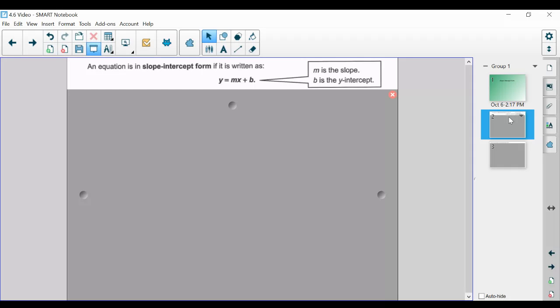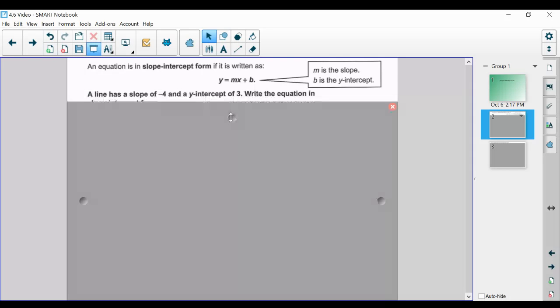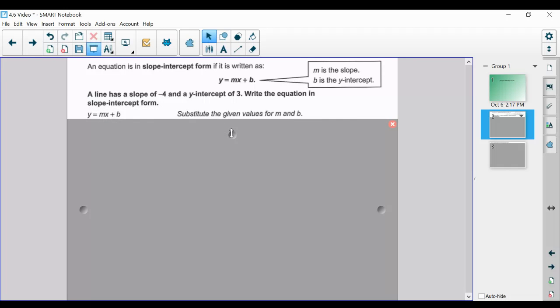So if we look down your guided notes, there are a couple different examples in there that I want to go over. So it says a line has a slope of -4 and a y-intercept of 3. We want to write the equation in slope-intercept form. Well, all we're going to do is substitute in those given values. We know that slope-intercept form is y equals mx plus b.